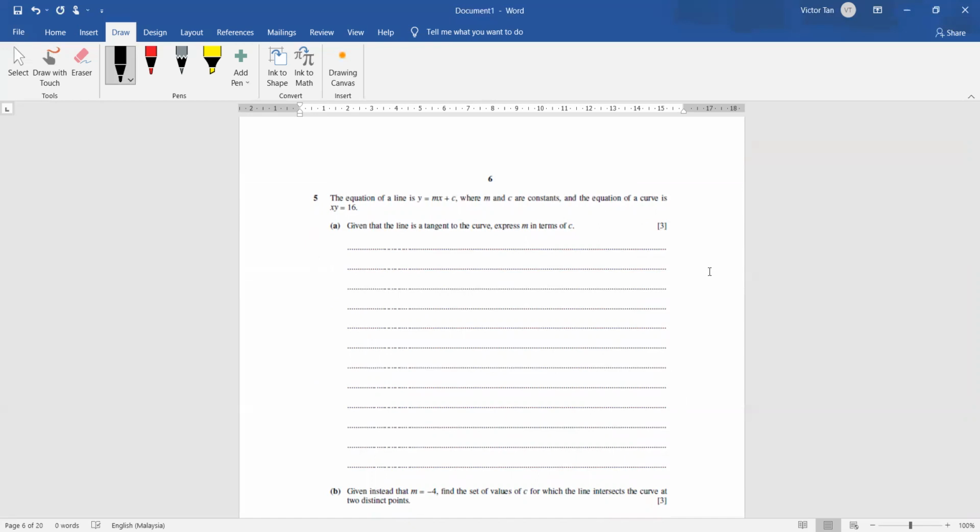This is also a new type of question starting from year 2020, which is now in math for O levels. So solving a simultaneous equation, you substitute y with mx plus c. So x(mx plus c) equals 16, mx squared plus cx minus 16 equals 0.